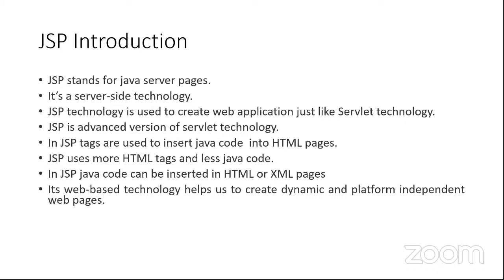Which means we use more HTML tags and less Java code. So this point is very important. We use less Java code and more HTML elements or tags. Okay, right. So it is a web-based technology, and of course it helps to create dynamic and platform independent web pages.